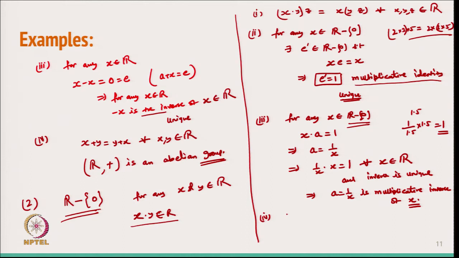Now, if I take any two x and y belonging to this set, I am going to show that it is commutative. So, we multiply any two real numbers, and this is always true for all x and y belonging to R. So, from here I can say that this is commutative.